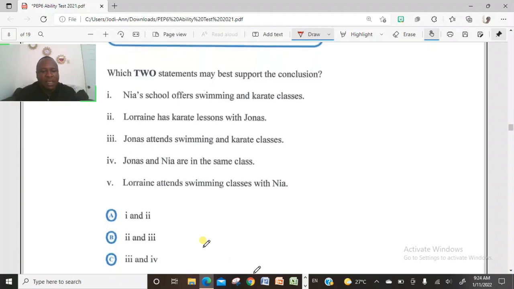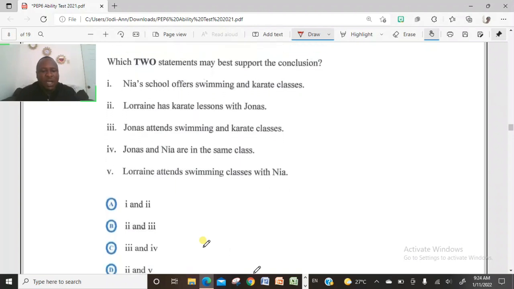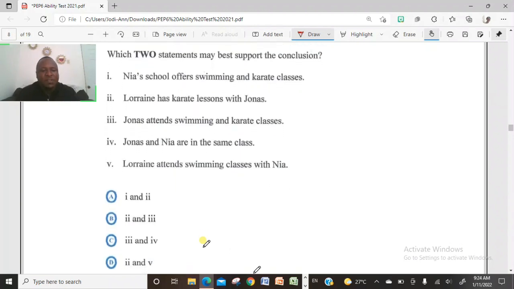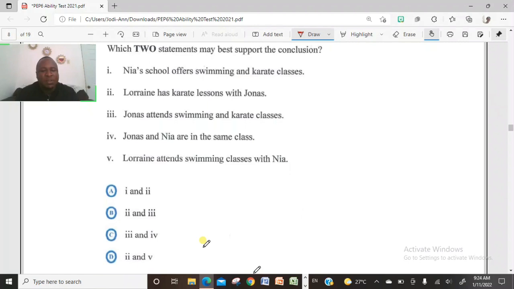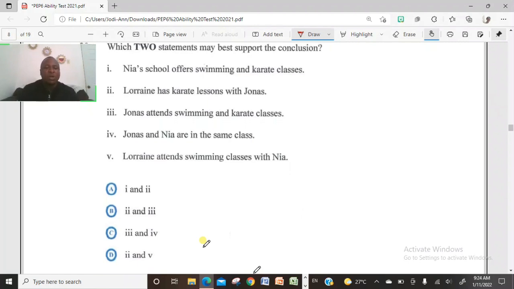So if 2 is out, then it couldn't be A, it could not be B, and it could not be D. So they put in 2 there to make it easier for you. So the only one there would be 2 and option C. So it's Jonas attends swimming and karate classes, right? And Jonas and Nia are in the same class. So it's option C.